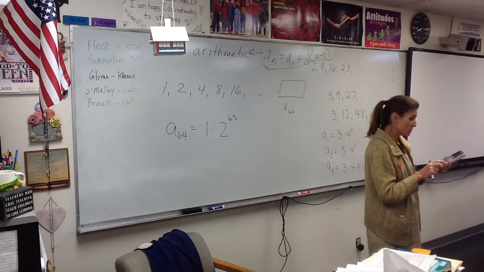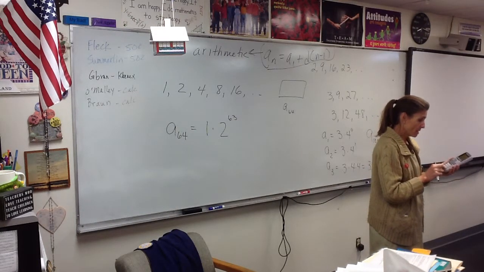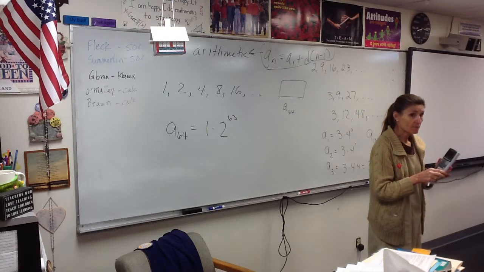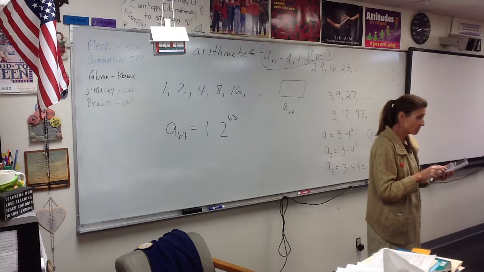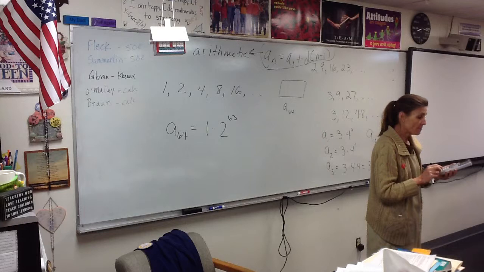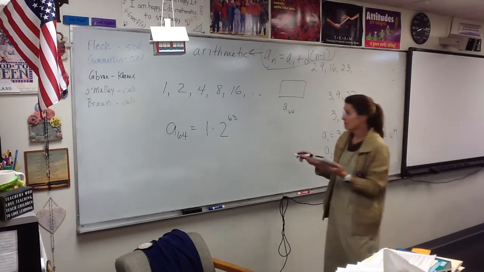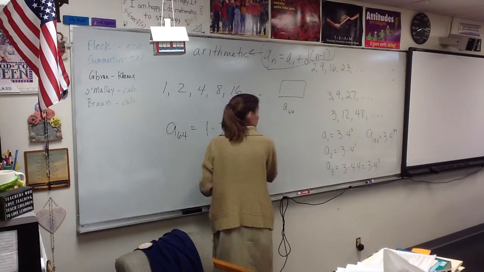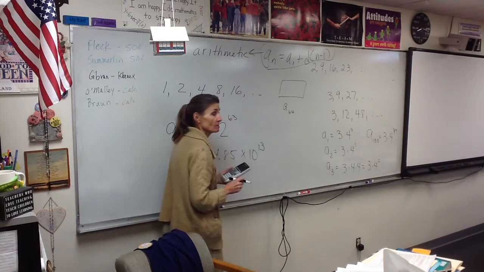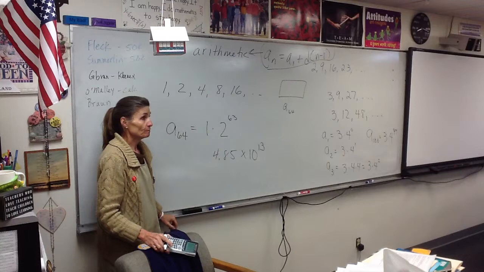So let's see, what might I do next? Divide by 12, and that would tell me how many feet of checkers I have. And then maybe I would divide by 5,280, and that would tell me how many miles of checkers I have, which is 4.85 times 10 to the 13th miles of checkers on that last square.